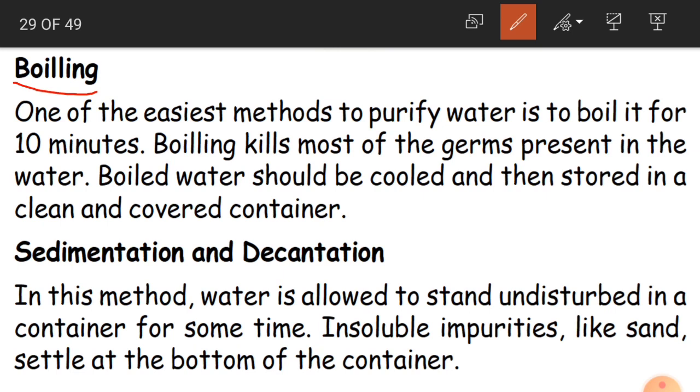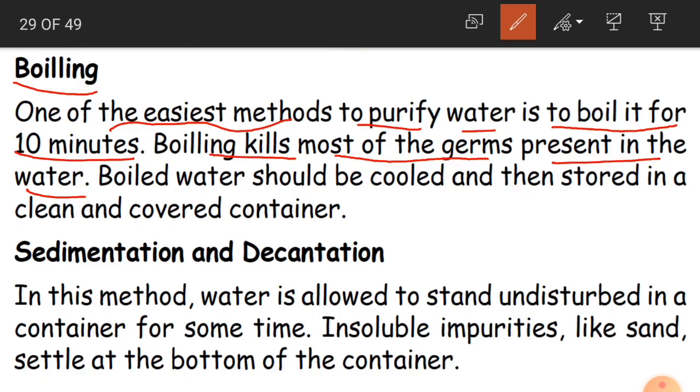One of the easiest methods to purify water is to boil it for 10 minutes. Boiling kills most of the germs present in the water. This is the easiest method of purifying water, children.